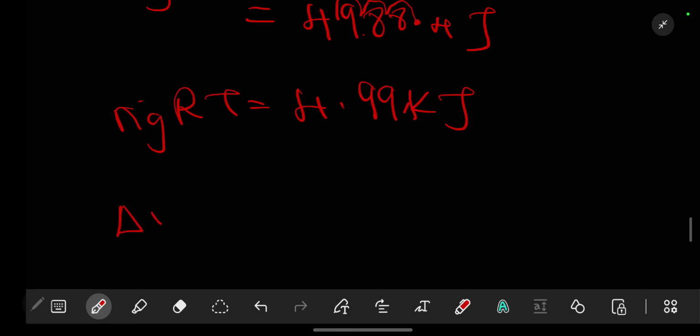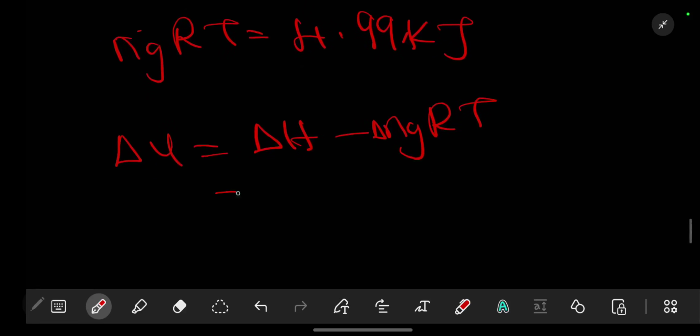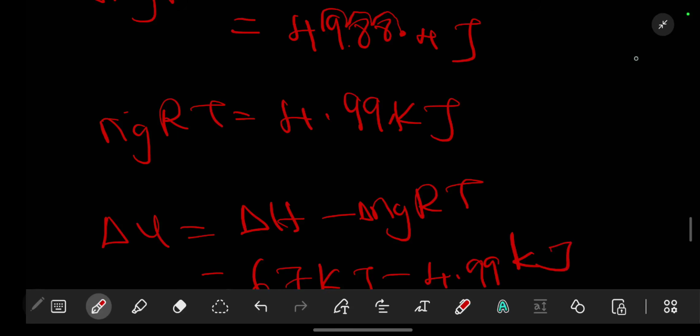Therefore, finally, the change in heat will be equal to the change in enthalpy minus the change in the number of moles of the gas times RT, which is 67 kilojoules minus 4.99 kilojoules.